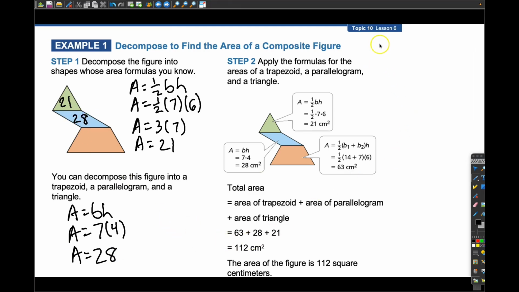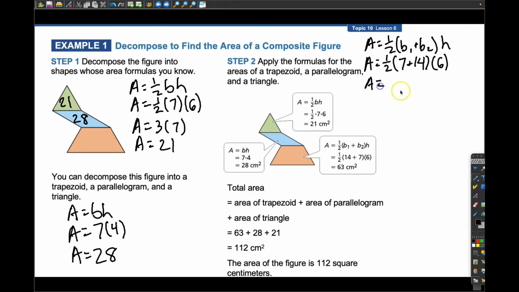Now, last but not least, the trapezoid. A equals 1/2 times in parentheses B1 plus B2 times H. So A equals 1/2, and then B1 was 7 plus B2 was 14. Then I said the height was 6.